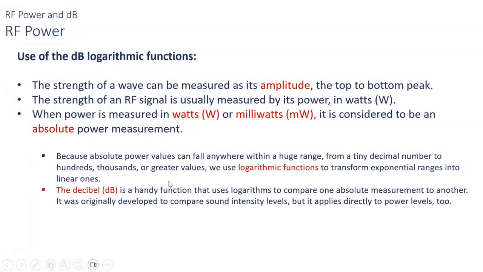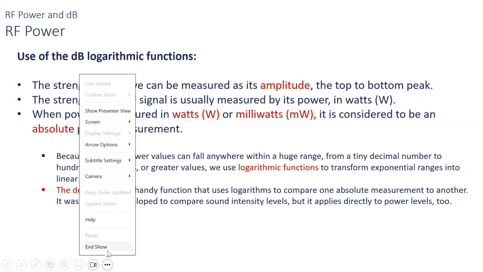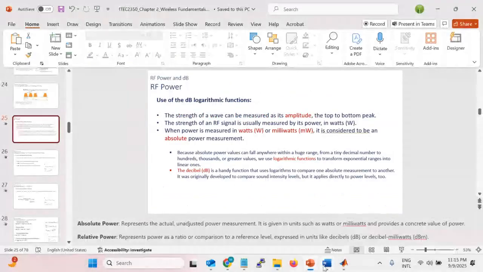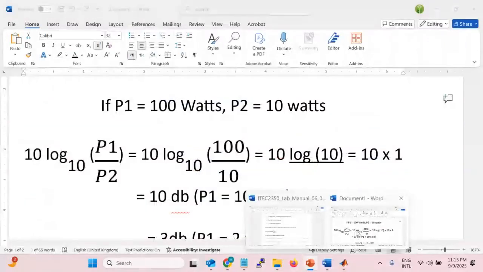For this reason, if the absolute power values are too huge, we take the logarithm of these functions to transform exponential ranges into linear ones. I will give you an example. You can see the figure here, the curve here.